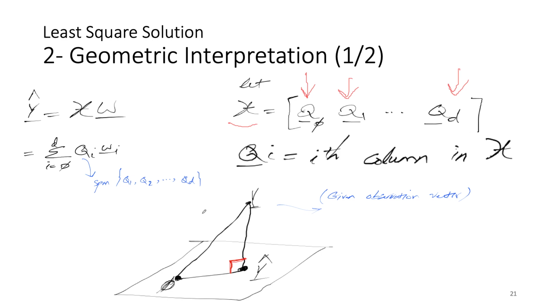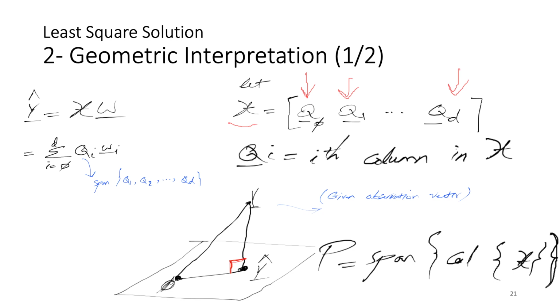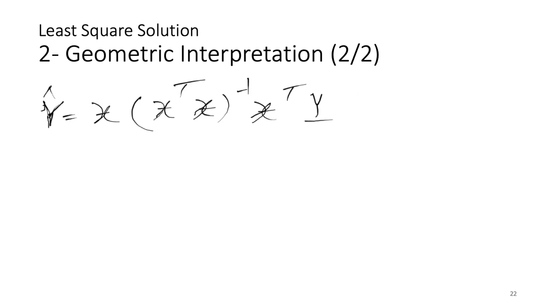When we come back next week, I'll have an example for that. It's pretty easy to compute. And then we call this P, the set of all the span of X, right? Okay.